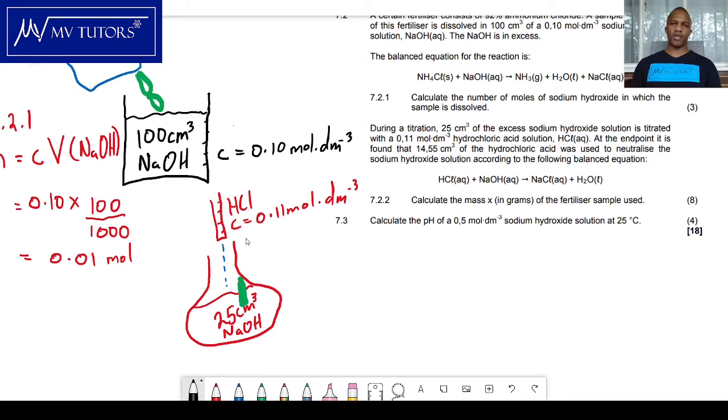So we used a volume of 14.55 centimeter cubed of HCl to neutralize this 25 centimeter cubed of excess sodium hydroxide.